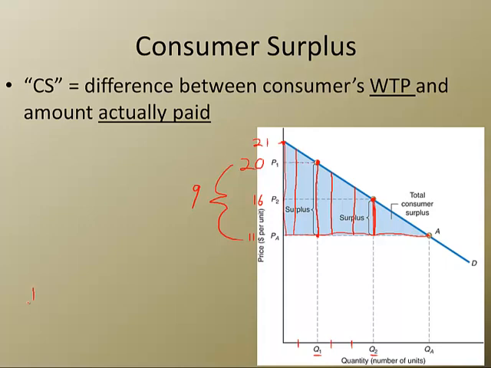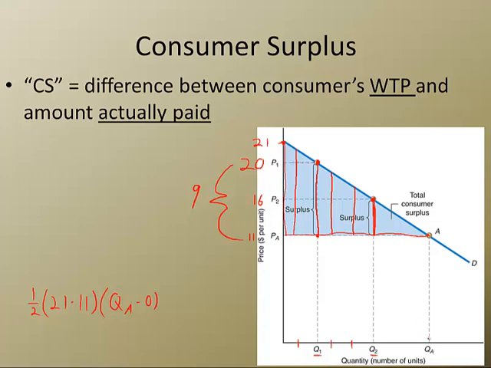Then we get 1/2 times the base, which if you want, this could be the base of the triangle, or it could be this. So I'm just going to say that that's 21 minus 11 gives us the base of that triangle. And then our height is going to be the difference between 0 and QA. So we take QA minus 0.